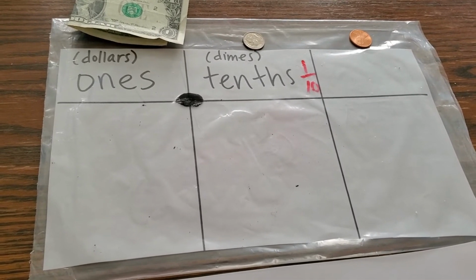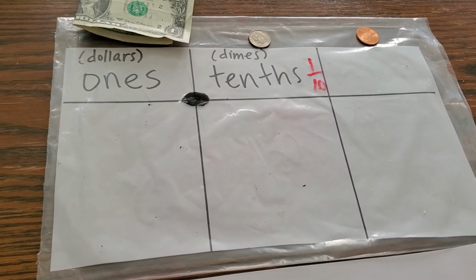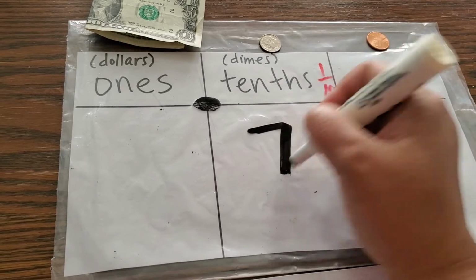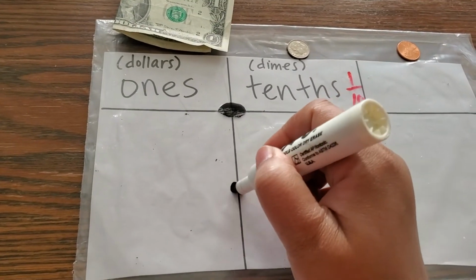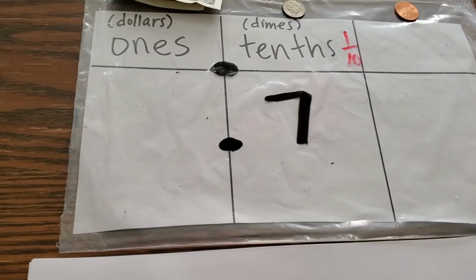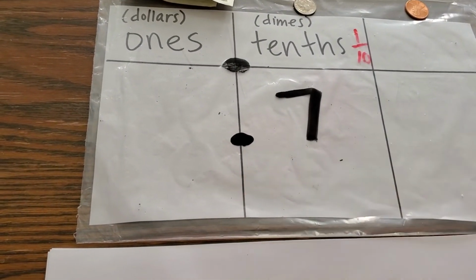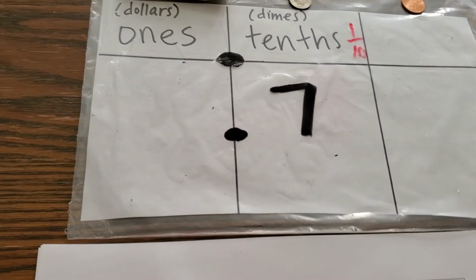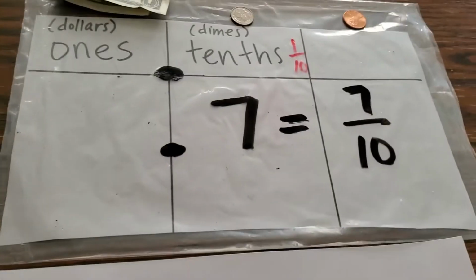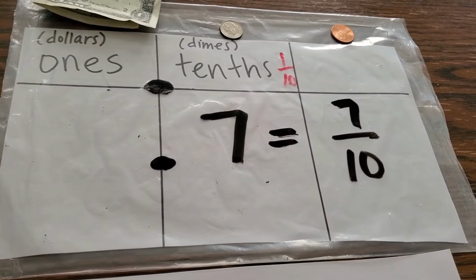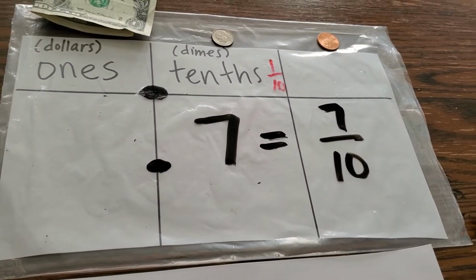It's not the same thing. So I would put the 7 in the tenths place value. So my answer would be 0.7 or 7 tenths. That would be the equivalent of 7 tenths. Does that make sense?